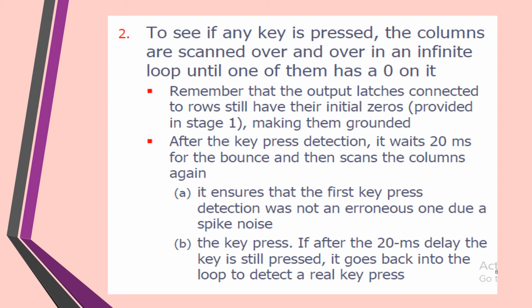After the key press detection, it waits 20 milliseconds. This is the debounce time for the bounce, and then it scans the column again. It ensures that the first key press detection was not an erroneous one due to spike noise.